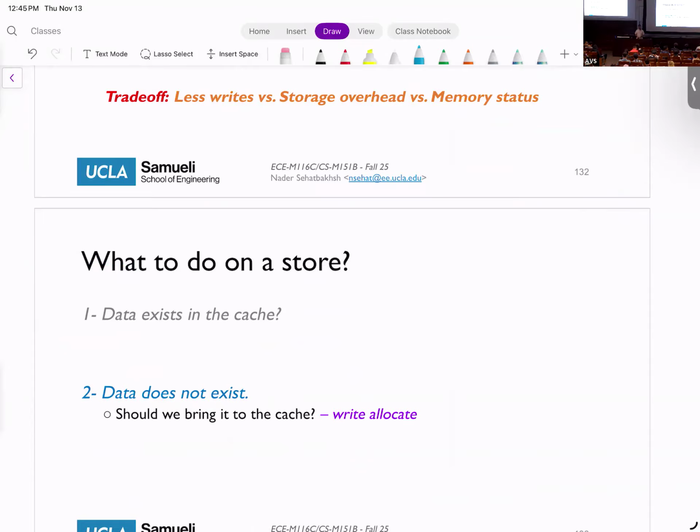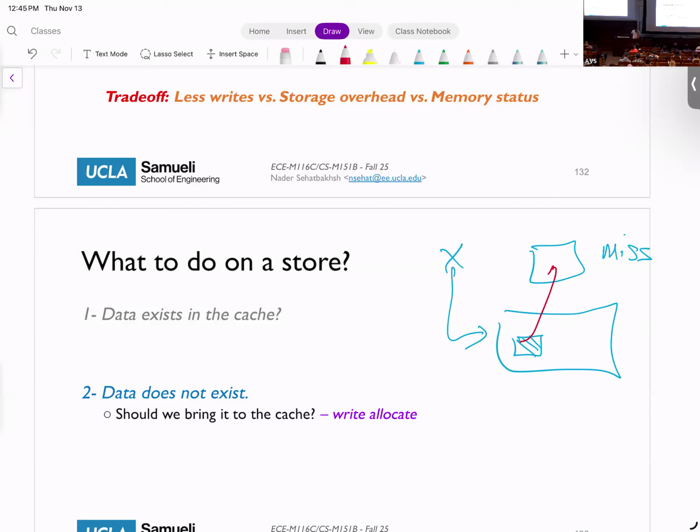If I bring it to the cache, I call it write allocate, which means that when I'm storing address X, and I have my cache and my memory and see that, oh, it's not in the cache, it's a miss, but obviously it is in the main memory. Now the question is, obviously I want to update this, that's out of the question. But now the second question is, should I bring this here? Will I need it in future or not, right?